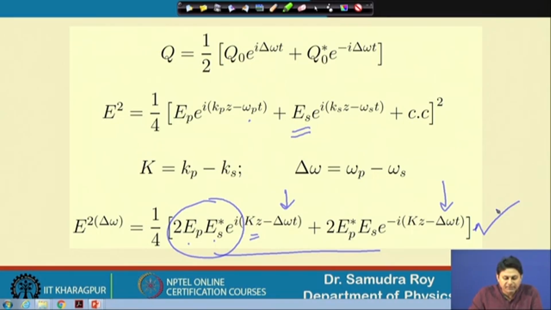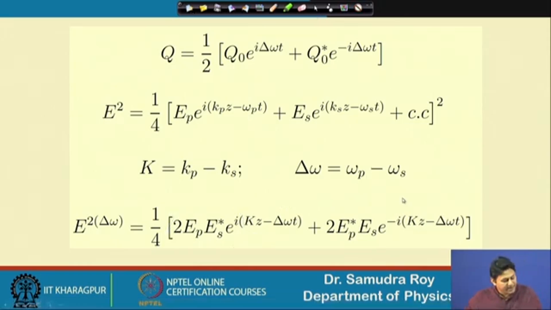So, E square may have different frequencies, only we are taking those terms which are the frequency component delta omega, because this is the source term for the molecule that is going to vibrate at the frequency delta omega.